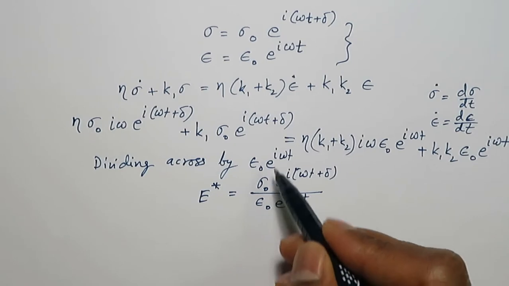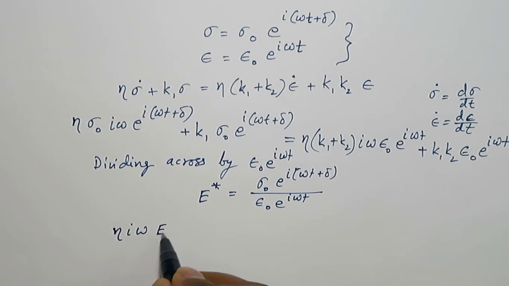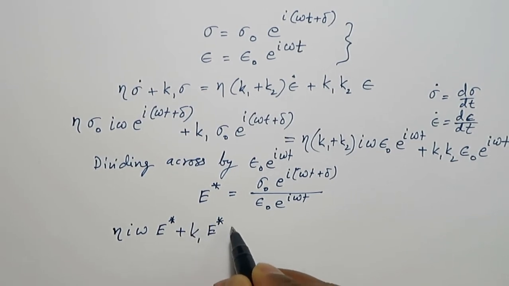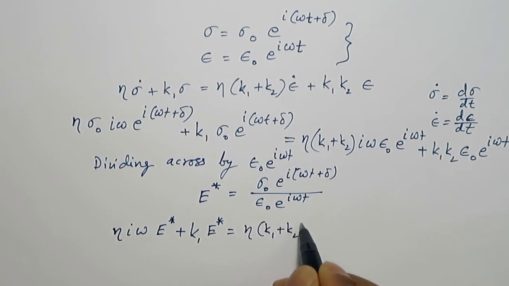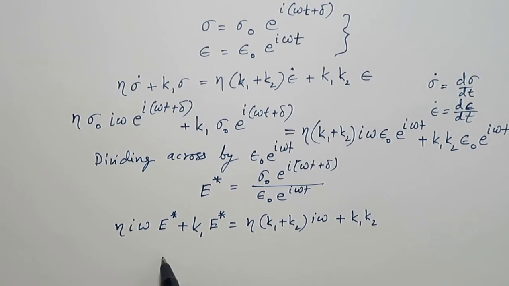If we do these two steps, it gives us eta i omega E star plus k1 E star equal to eta (k1 plus k2) i omega plus k1 k2.